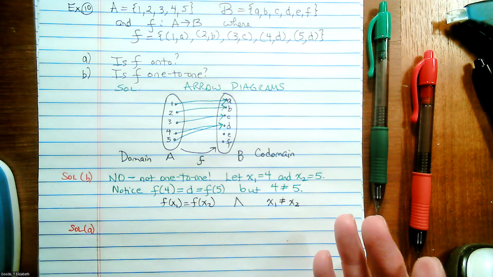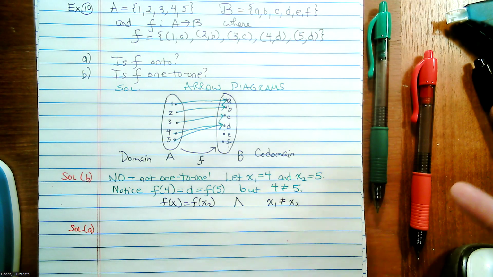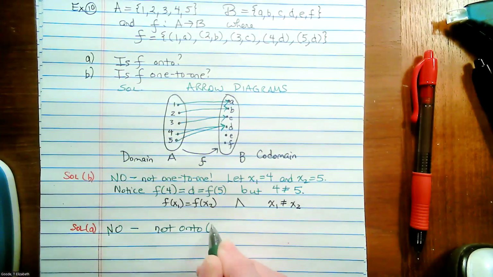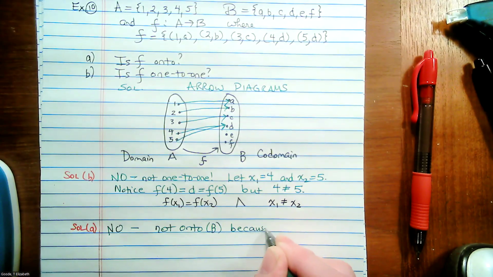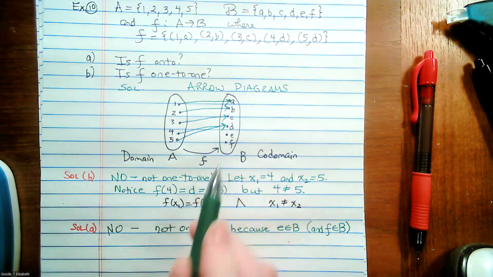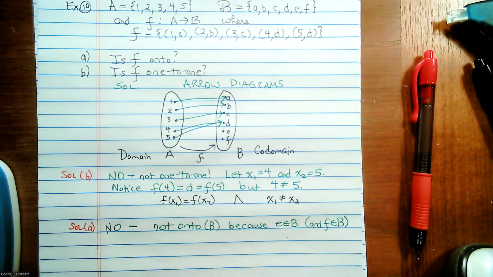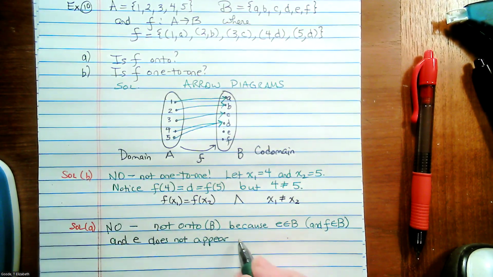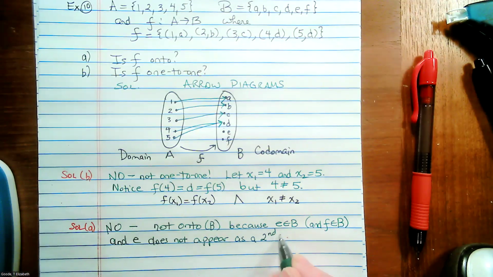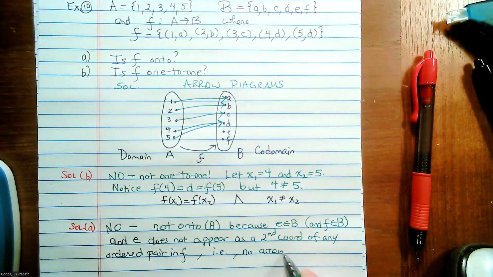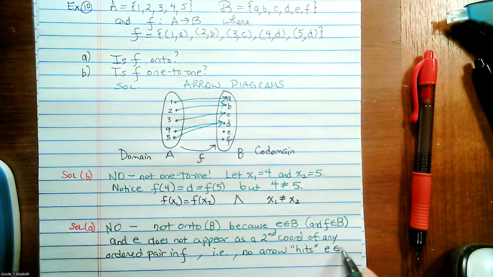In other words, the function is not onto if B is not the range or the range is not all of B. So no, it's not onto B because e is an element of B. And of course, you could also talk about f, but it suffices just to find one element of the codomain that's not in the range. e is an element of B, and e does not appear as a second coordinate of any ordered pair in f, i.e. no arrow hits e, and e is in B.